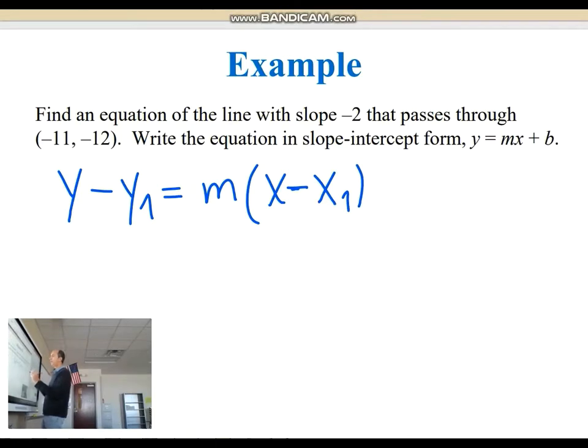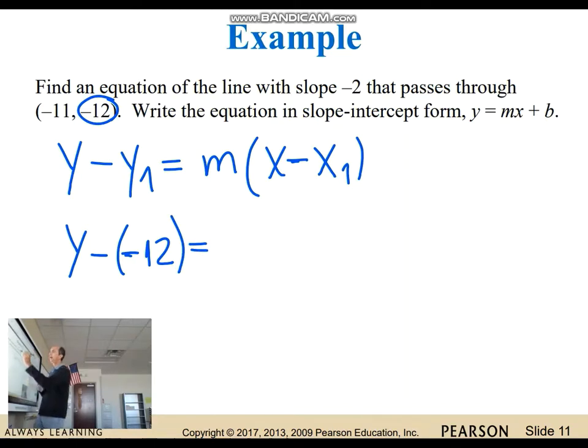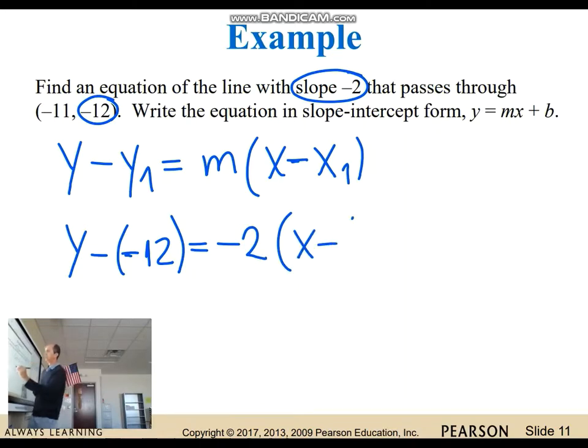And then we can plug in the values that we know from the question. y minus y1 is going to be negative 12, right? Minus negative 12 equals m, the slope, negative 2, times x minus negative 11.